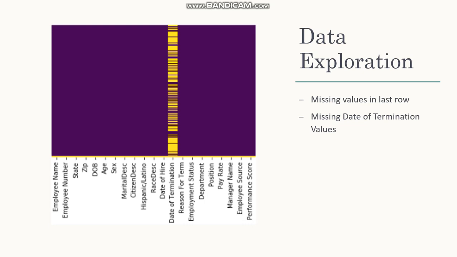In order to deal with these missing values, I just dropped the date of termination column, because if I'm trying to predict the employment status, I don't really want to know the date of termination or if they've been terminated at all. So I dropped that entirely. And then for some reason, the entire bottom row of the data set is full of empty values, so I just dropped the last row as well, just to easily take care of that problem.